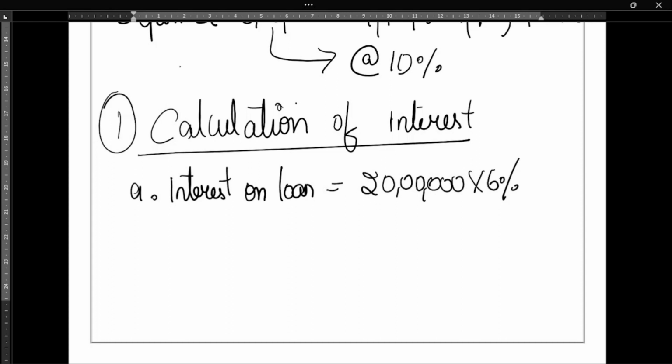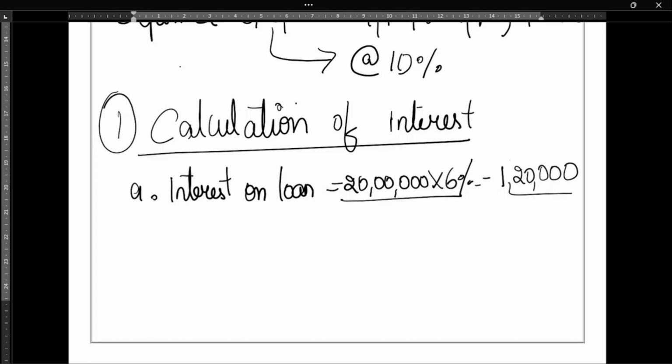Let us calculate. 20 lakh into 6% is 1,20,000. So 20 lakh into 6% gives 1,20,000 interest on loan.